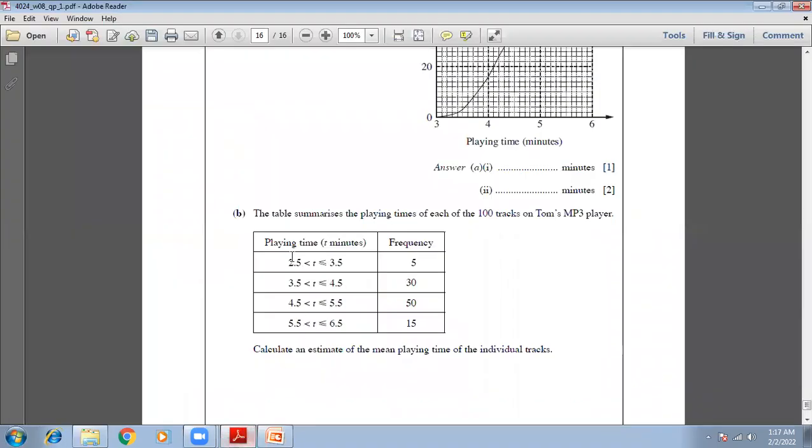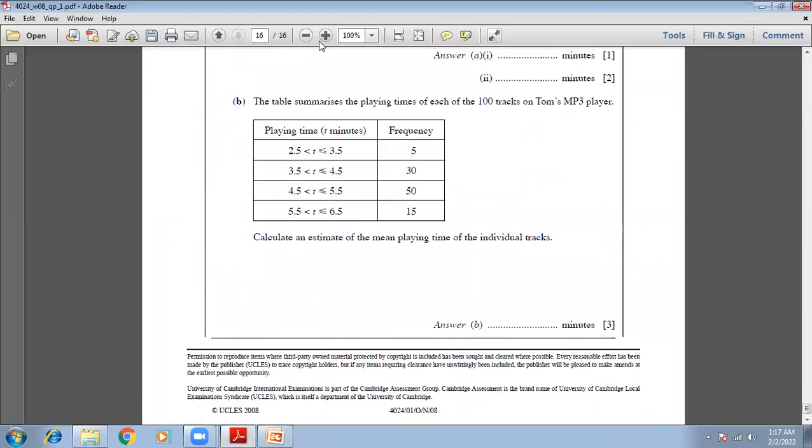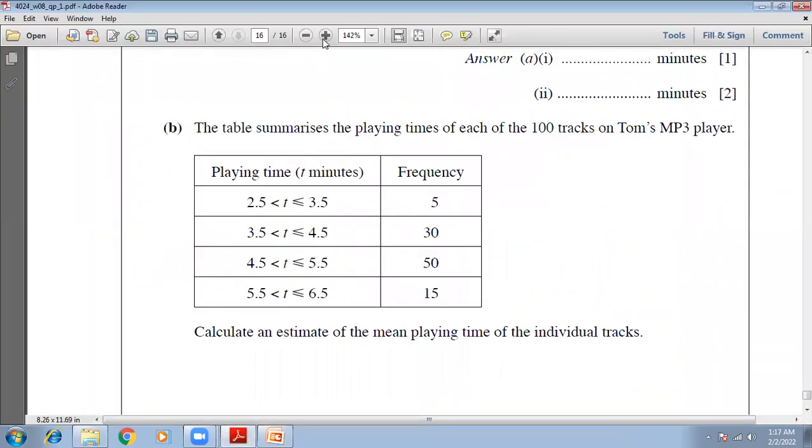Hopefully you understand. And the next question coming up on your screen is, okay, the table summarizes the playing times of each of the 100 tracks on Tom's MP3 player. So the playing time is from 2.5 to 3.5, 3.5 to 4.5, 4.5 to 5.5, 5.5 to 6.5.